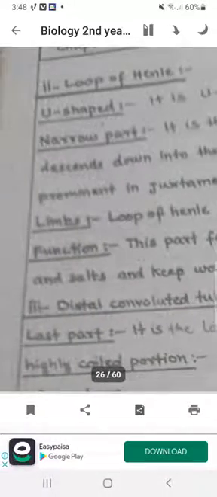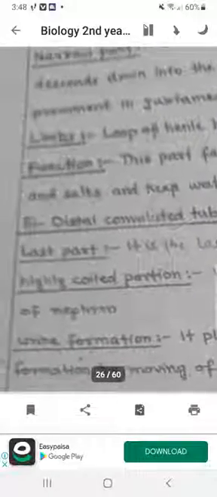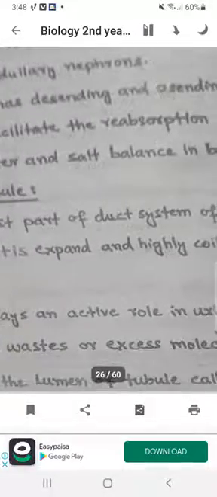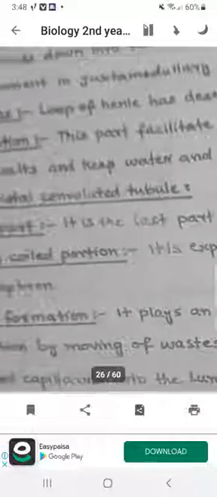It is more prominent in juxtamedullary nephrons. Limbs. Loop of Henle has descending and ascending limbs. Function. This part facilitates the reabsorption of water and salts and keeps water and salt balance in body.